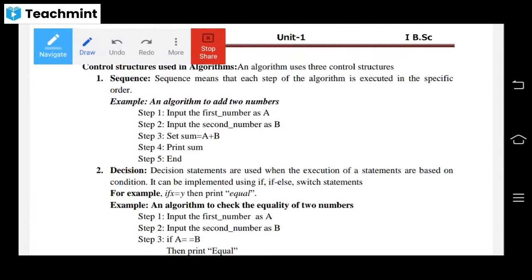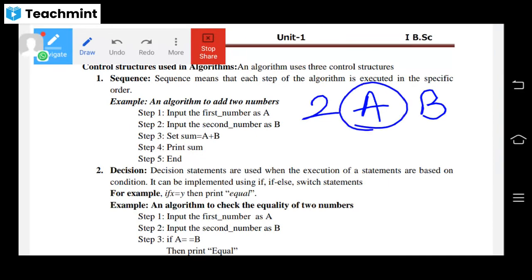In this, how many numbers are we adding here? Two numbers. In this we must give the values.